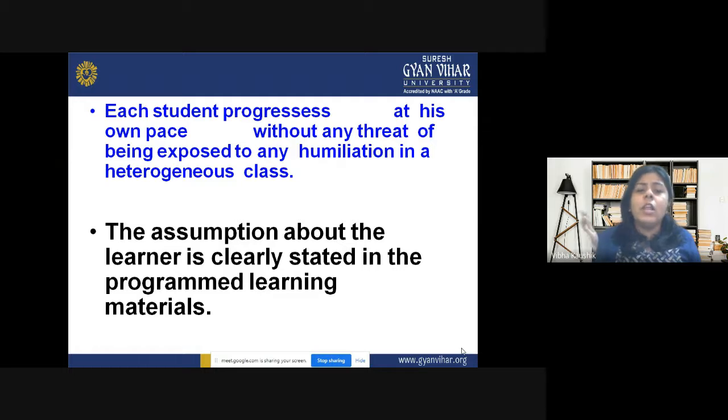Every individual learns at his own pace without any threat of being exposed, without being in a threatening position where they may be exposed for not having given the right answer, or facing humiliation in a heterogeneous class.